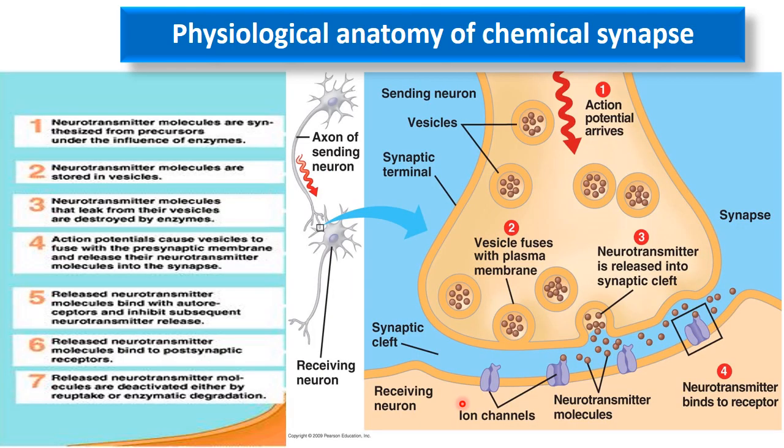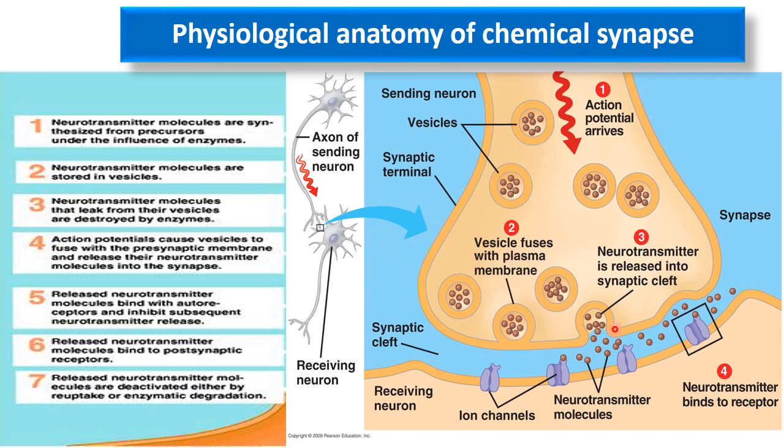Now let's discuss the functional anatomy of the chemical synapse. Keep in mind the functional anatomy of the neuromuscular junction is quite similar to that of the synapse between two neurons. It's quite similar to the synapse between the nerve and the muscle membrane. But here there are two neurons. This upper one is the presynaptic neuron, and this is the postsynaptic neuron.